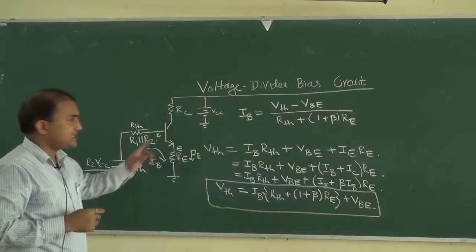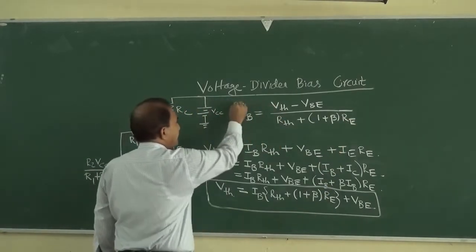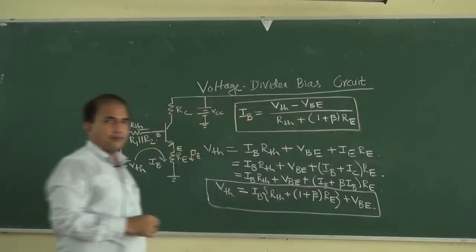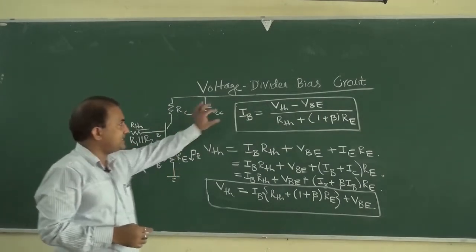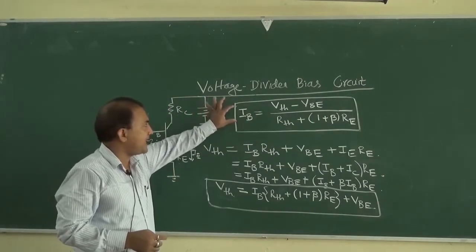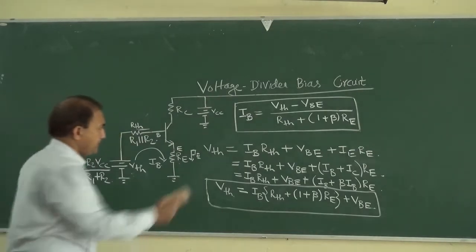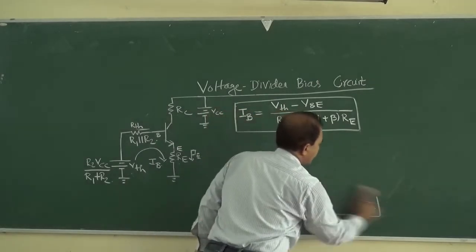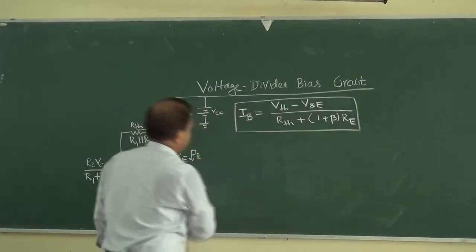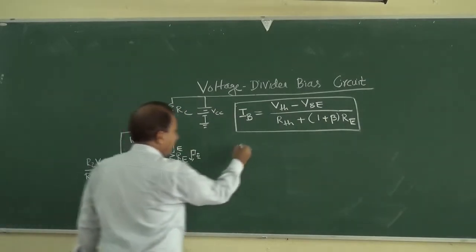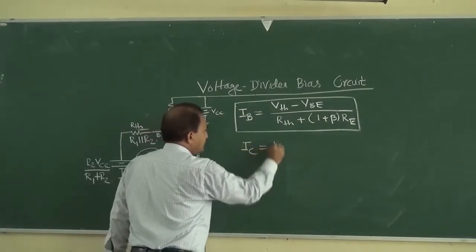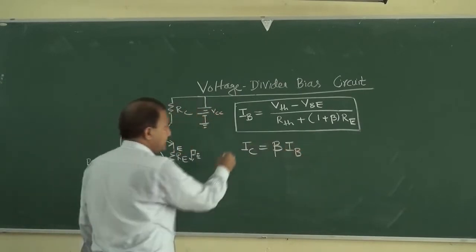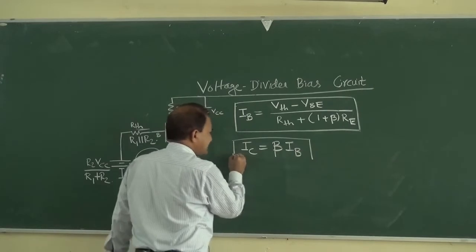So this is the expression of IB, that is the base current. In this way we can determine the value of IB. Now IC is equal to beta times IB, so in this way we can determine IC also.